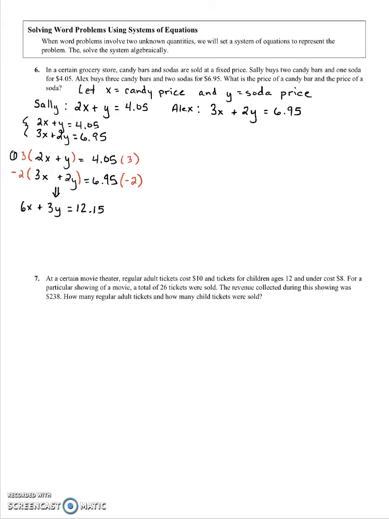When I do the second equation, I get negative 6x minus 4y equals negative 13.90.